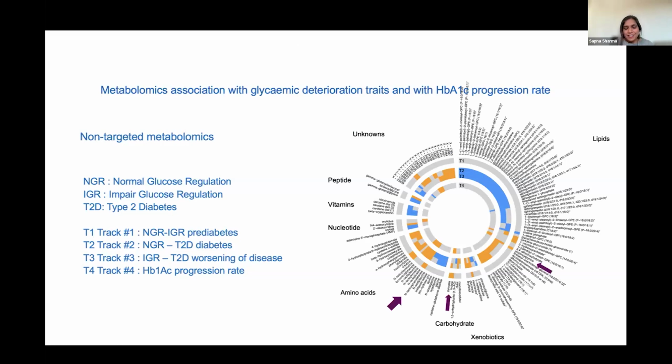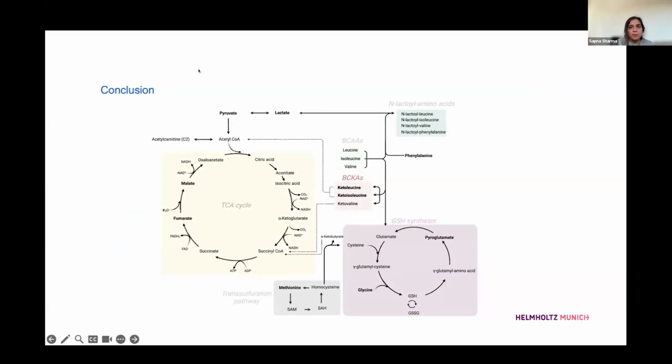Pyruvate and lactate are known to play a role in diabetes. And here, again, we are on the right track, finding the right information. Along with that, we find new information. If you look into the biochemical pathways, generally the TCA cycle, which is our energy-making mechanism, suffers. And because of that, an alternative mechanism opens.